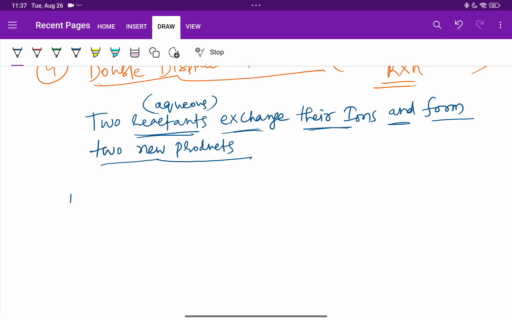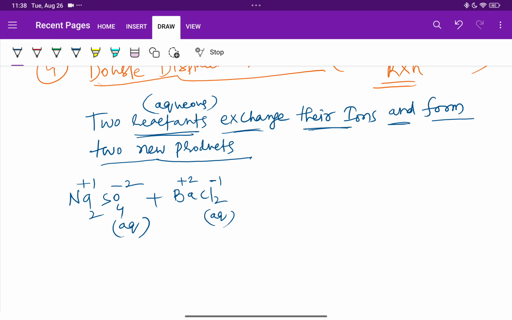Example: Na2SO4, sodium sulfate aqueous solution. It is having sodium plus 1, sulfate minus 2. Then it is going to react with barium chloride aqueous salt solution. Barium is having plus 2, chlorine is having minus 1 from the crisscross method.